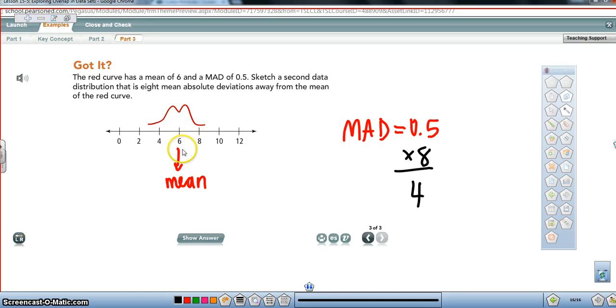So we can go 4 forward to 10, and sketch our curve there. Or we could go 4 in the other direction to 2. This would be 4 away in either direction, 8 mean absolute deviations away from our original curve.